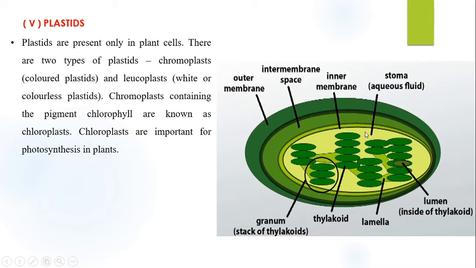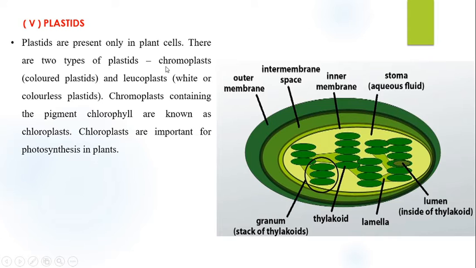So now you have learned that plastids are present in the plants, and plastids also provide colors to the plant. We can take a small review here. Plastids are present only in plant cells, as we have already discussed. Two types of plastids are present.